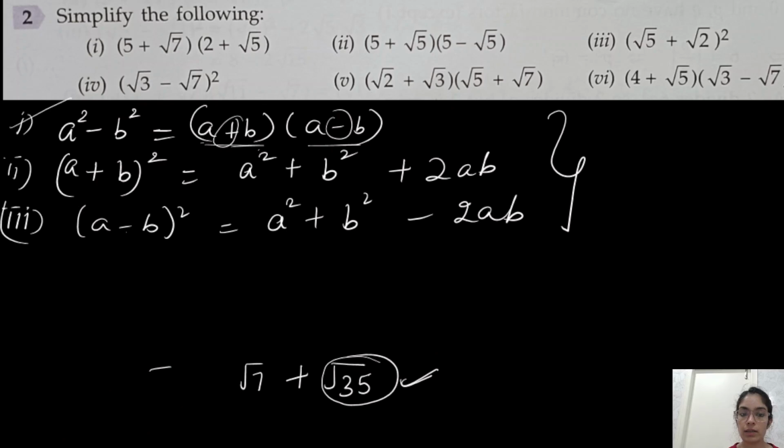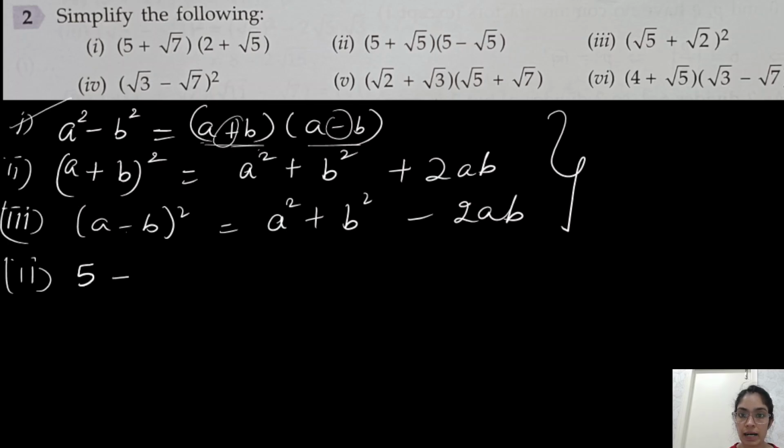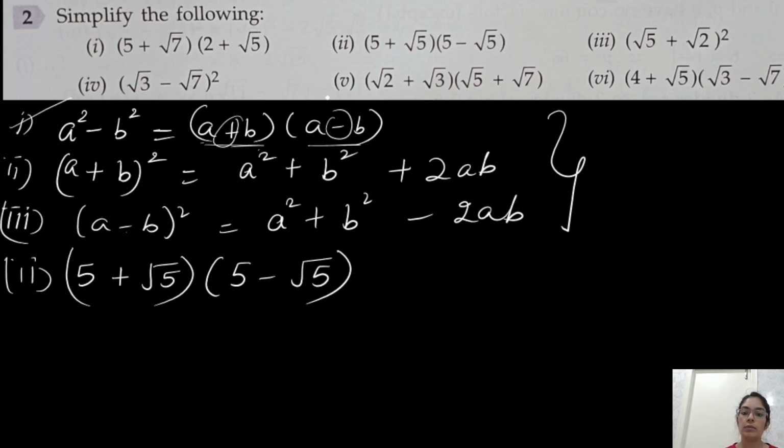Again, the first thing we have to do is check whether we can use any identity. Here it is (5 + √5)(5 − √5). I told you how we can check. For the first identity, both A and B are the same, but only the mathematical operation is different.